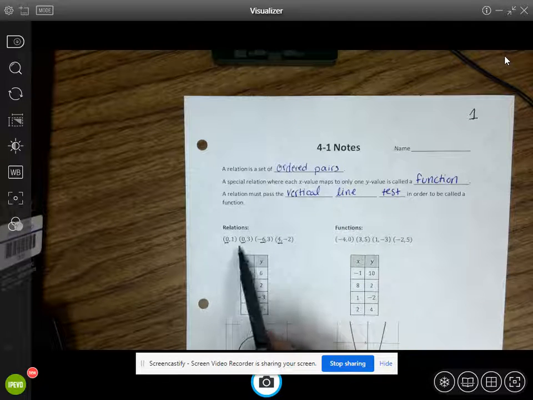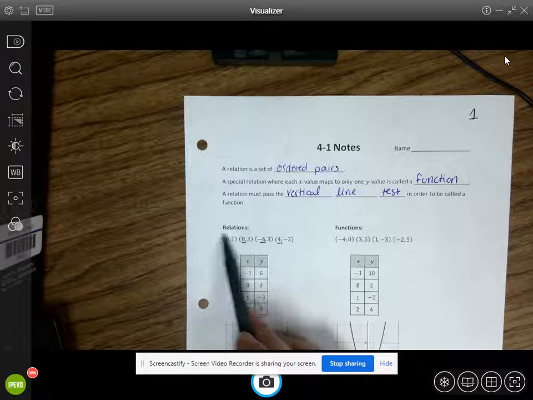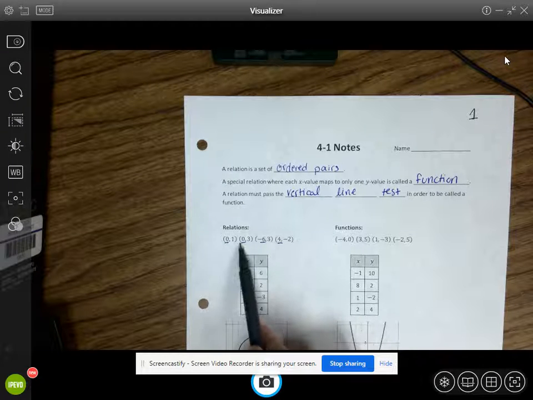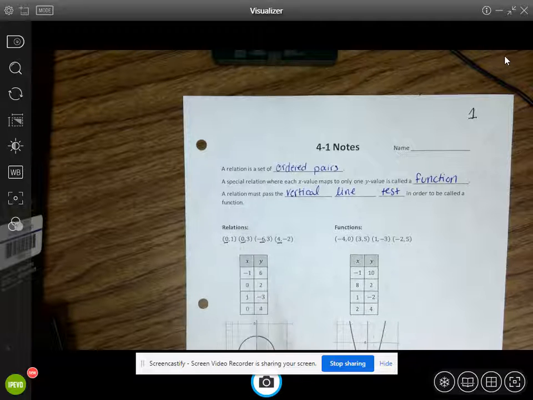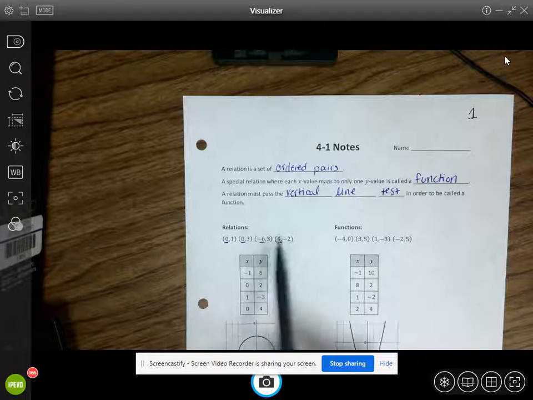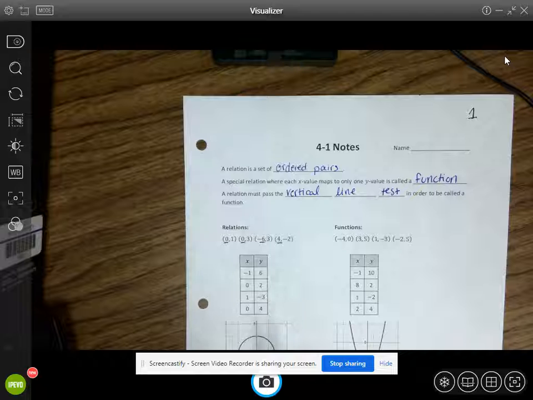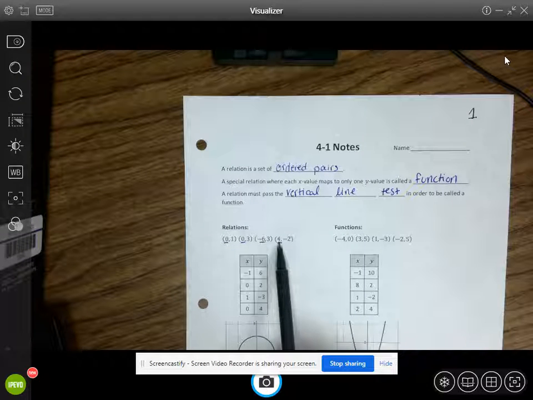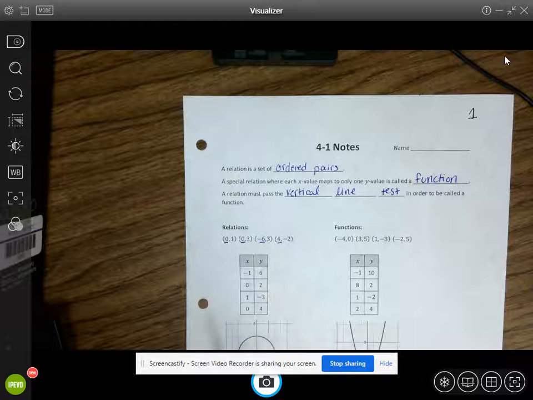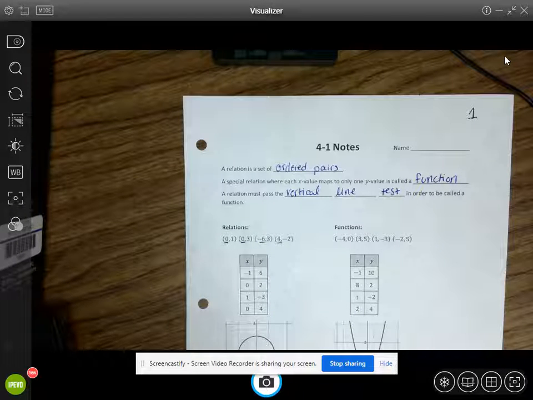It has 1 and it has 3, which means this is not a function because you have 0 twice. So we don't really care what the y values are. We don't need to look at those. All we want to look at are the x values. Are they all different, or are any of them the same? If they're all different, then it would be a function.